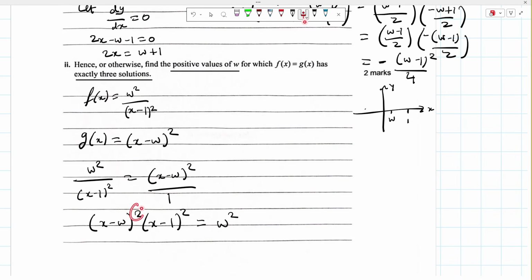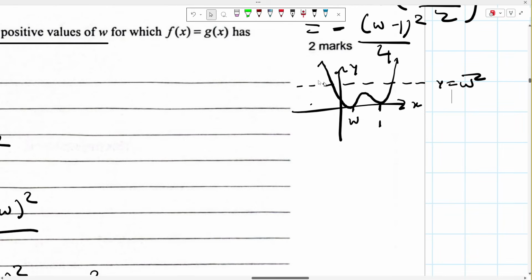And there's a squared on both of these terms. So it would kind of look like this. And we're looking for when this graph is the same as the graph of just w squared.